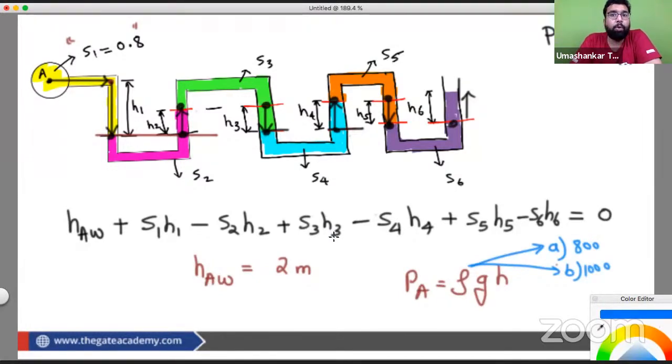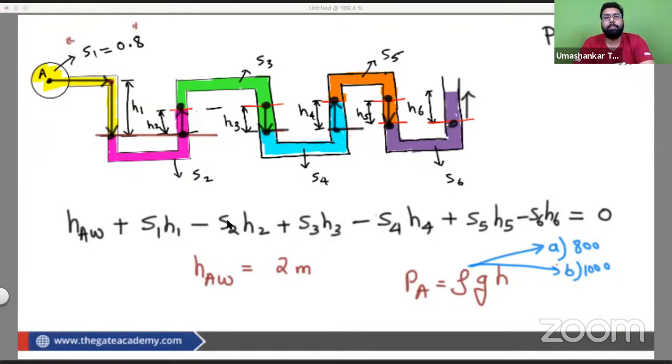See, we have found the pressure in terms of head of liquid. So obviously, when we convert it into Newton per meter square, we shall be putting some density. So shall we be using 800 or shall we be using 1000? Please answer me, beta.